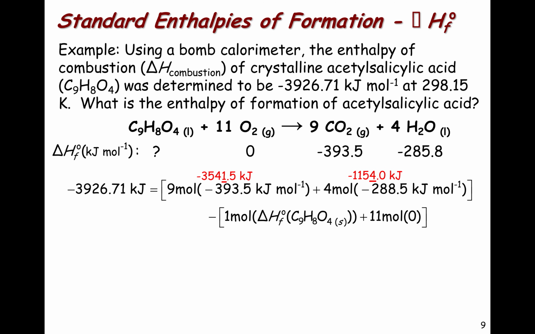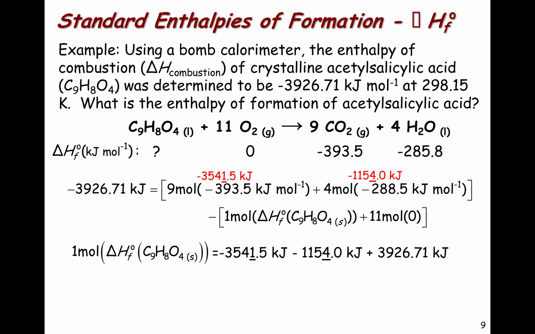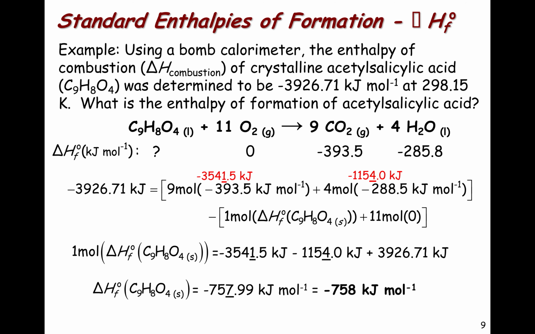We bring all these values together, and then we have to rearrange the equation a little bit, solving for the delta H of formation of acetylsalicylic acid, and we ultimately come up with a value of negative 757.99 kilojoules, which with 3 sig figs is negative 758 kilojoules per mole for our heat of formation of aspirin.